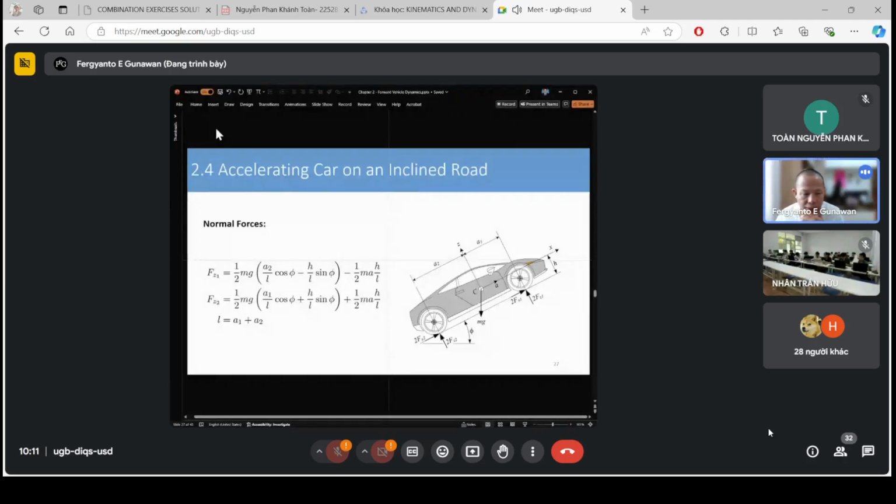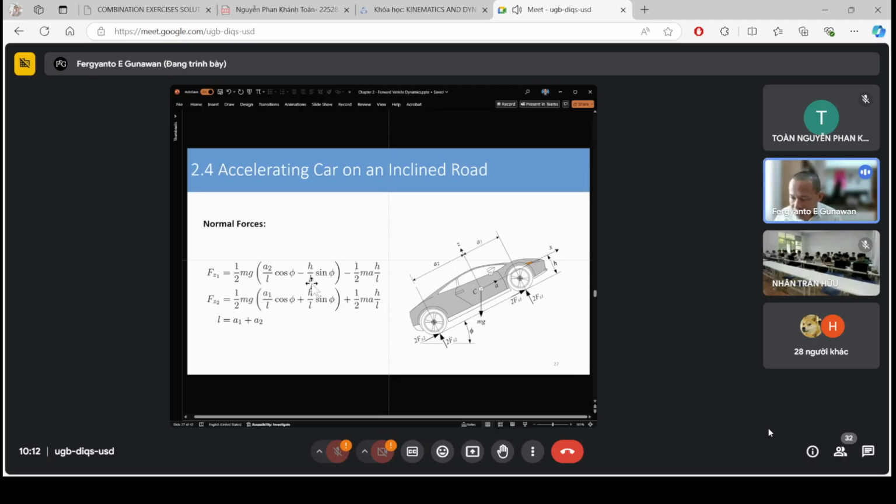Okay, now let us discuss further the second topic, which is 2.1, accelerating car on an inclined road. As you can guess, the normal force is the same as the static components on an inclined road.